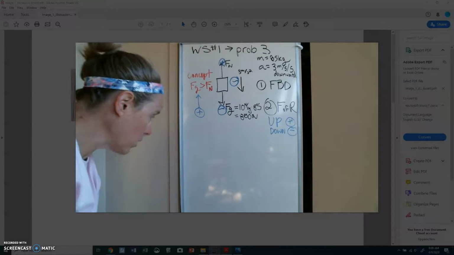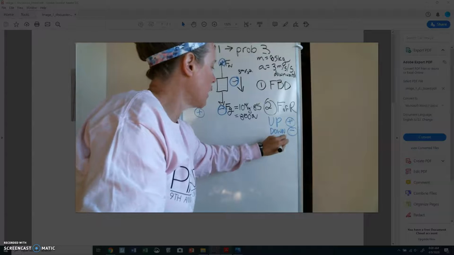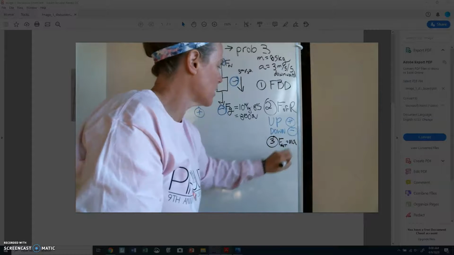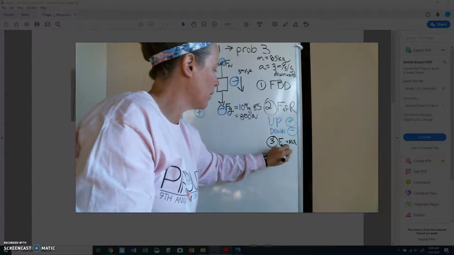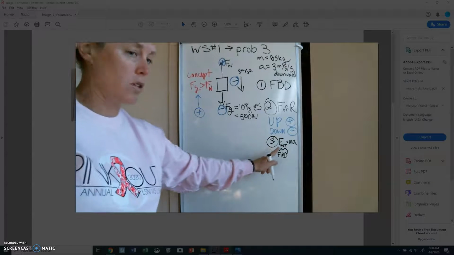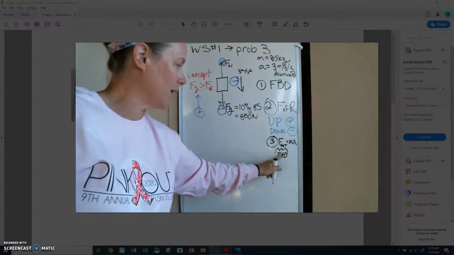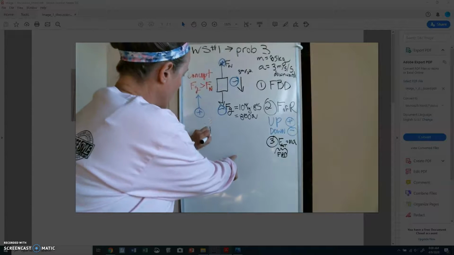So the third step, right, is force net equals mass times acceleration, and this right here is from the free body diagram, okay? So put it into Newton's second law, force net equals mass times acceleration, and get this from the free body diagram. So what's my force net?